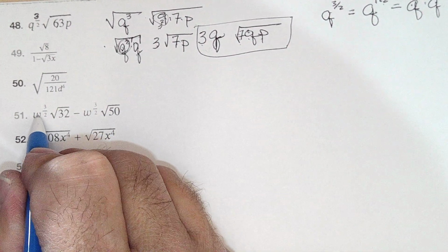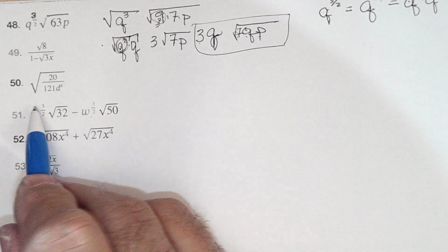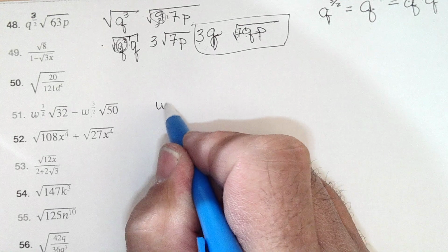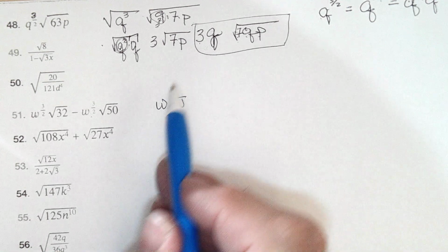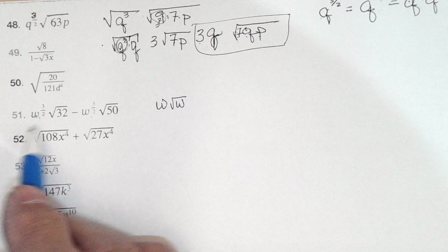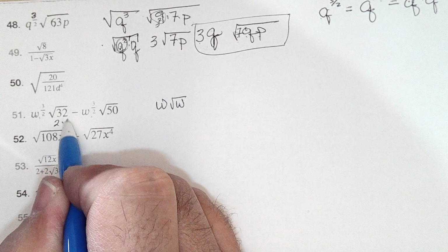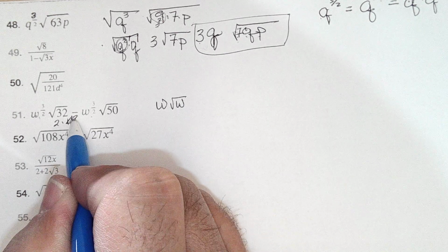Number 51. So I have w to the 3 halves, and from what we did here, you should recognize that that would be w times the square root of w. 1 and 1/2 are the powers, making 3 halves. 32 is 2 times 16, and 16 is 4 squared.